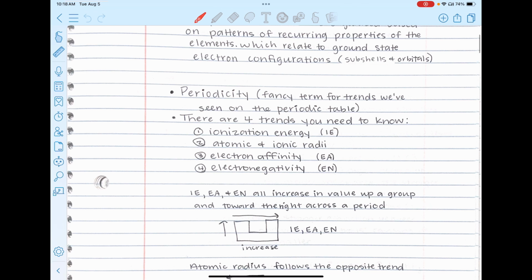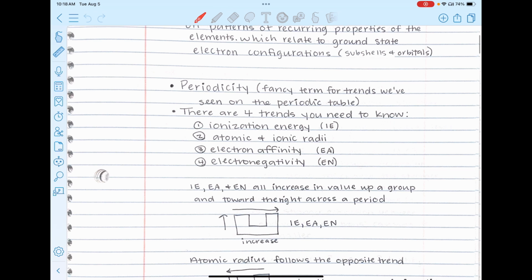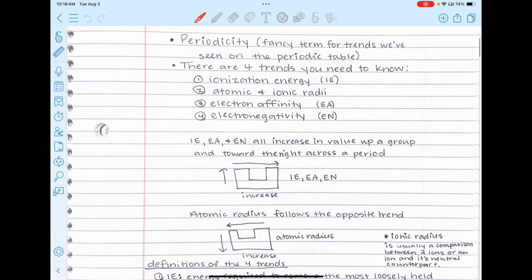All right, four trends we've got to know. Ionization energy. I've given you some abbreviations here as well to save a bit on writing because this is a lengthy one, guys. Two, we've got atomic and ionic radii, which is the plural of radius. Electron affinity and electronegativity. So you want to know that ionization energy, electron affinity, and electronegativity all increase in value up a group and toward the right.